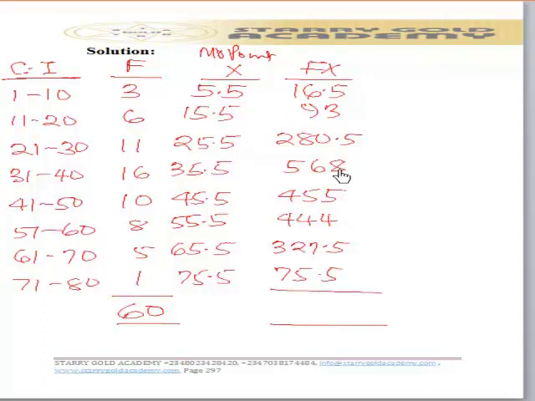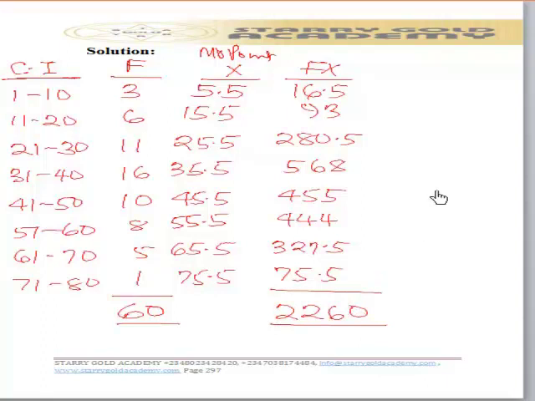So let's sum this up. In summing this up, we have 16.5 plus 9.3 plus 280.5 plus 568 plus 455 plus 444 plus 327.5 plus 75.5. This will give us 2260.